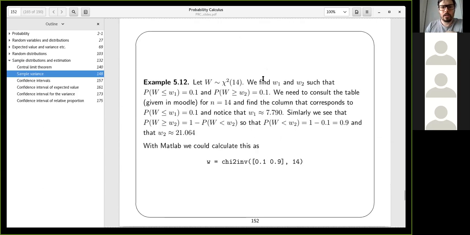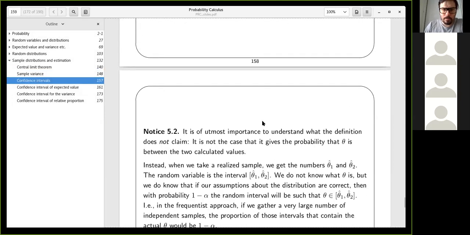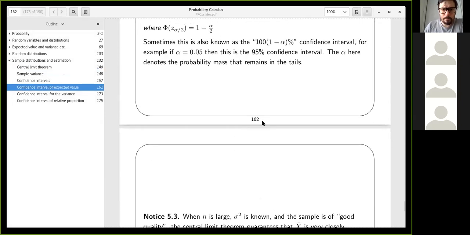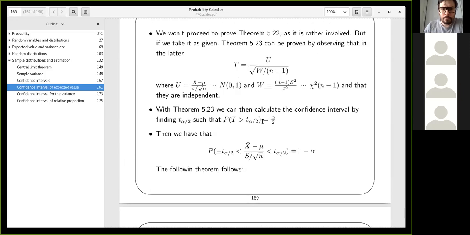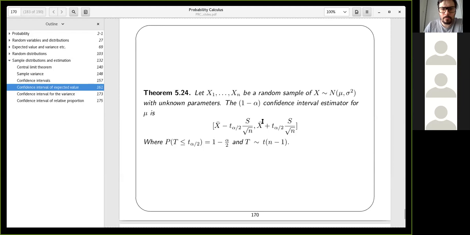Yeah, this command gives us, so it would be chi2inv, and we would have the degrees of freedom, which is n. I'm just going to go back to where we were. Sorry, jumping up and down.